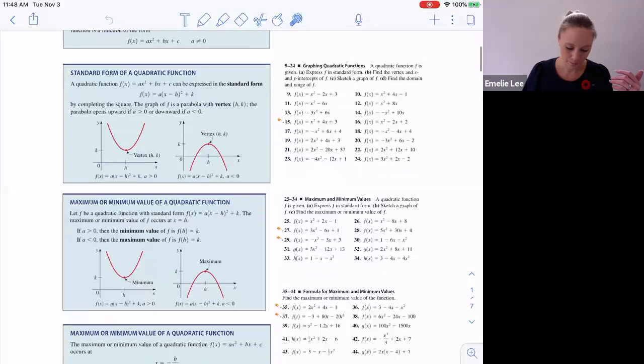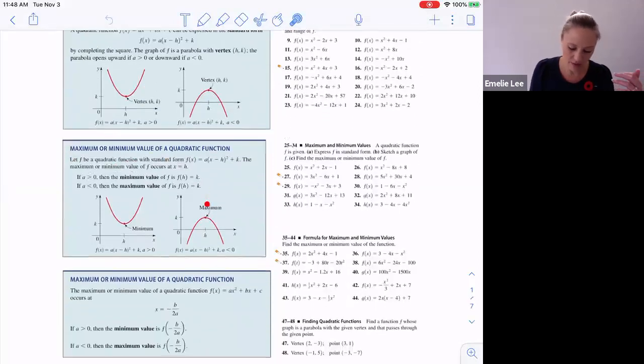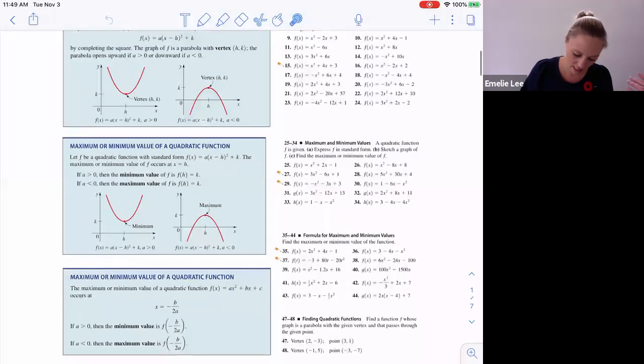And so we can talk about the maximum or the minimum value as soon as you've found the vertex h, k using the standard form. Depending on which way it's facing, we already talked about the maximum and minimums.